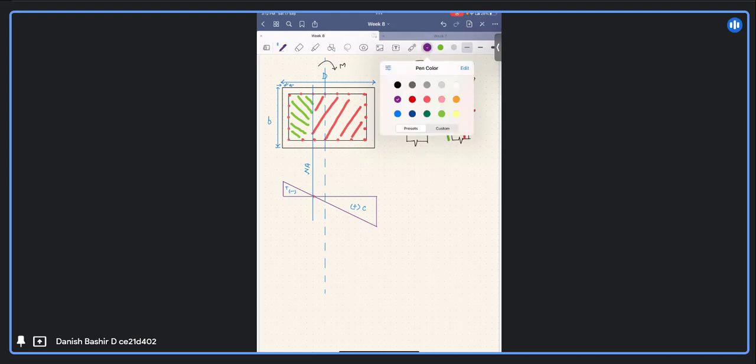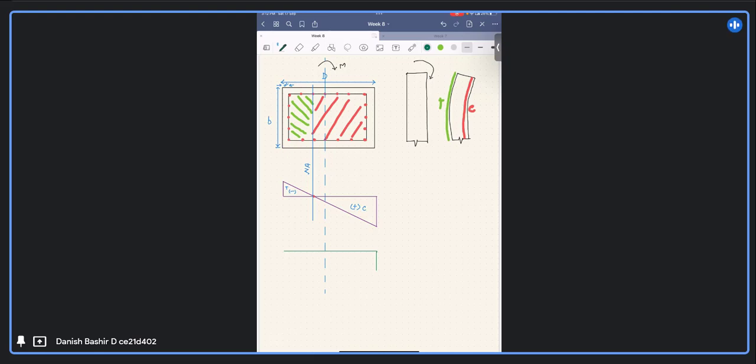Stress profile will be like this. If this is starting from this point, it will be 0.447 FCK, because we all know these assumptions from flexure. Same assumptions will be applied here. In flexure, we take the maximum compressive strain in concrete as 0.0035. Same assumption is applied here as well.